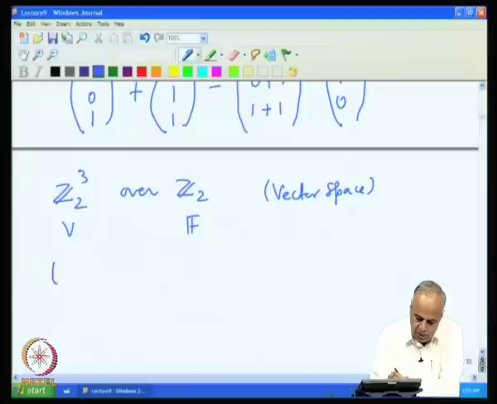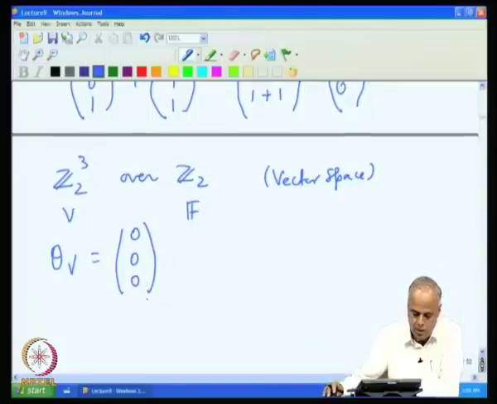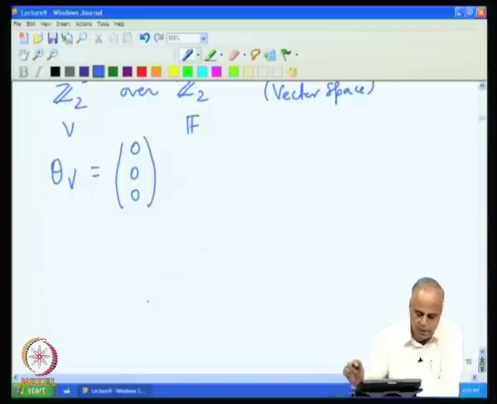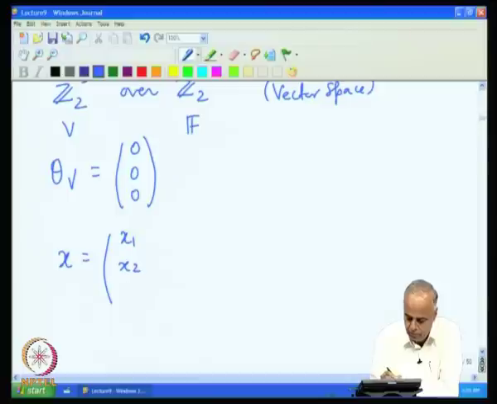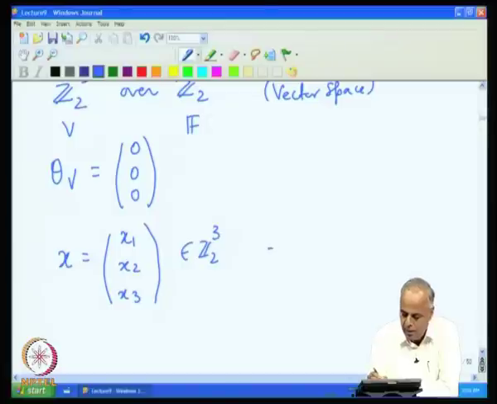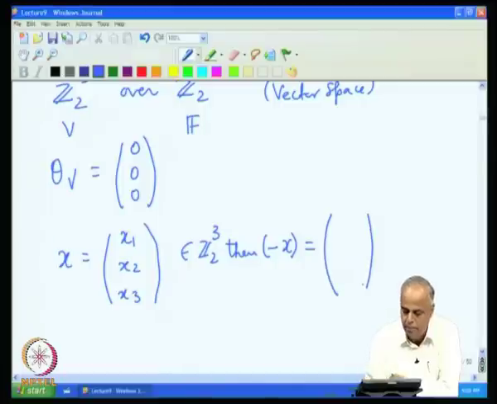What is the 0 element of this vector space? It is obviously 0 0 0. Now, something tricky happens here. If you take any x in Z 2 cubed, its corresponding negative vector must be, I must take minus x 1.